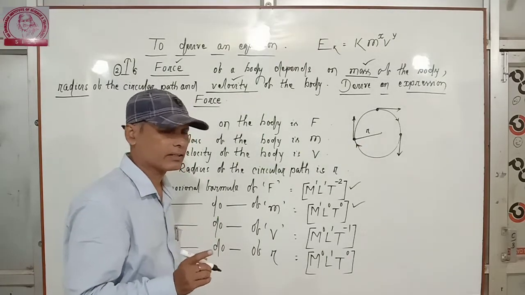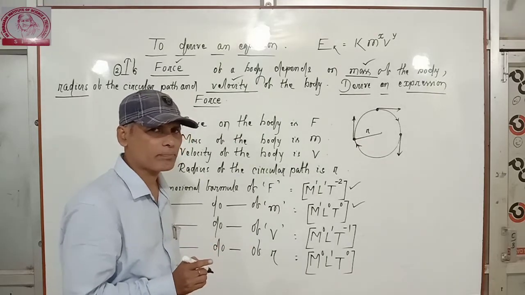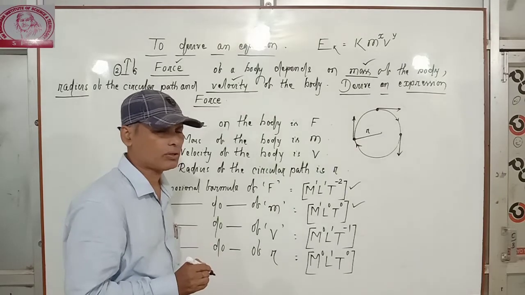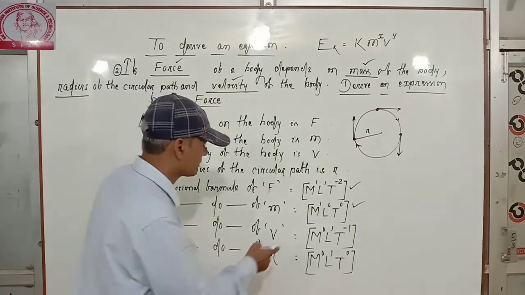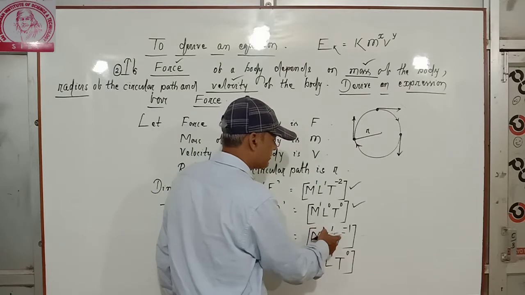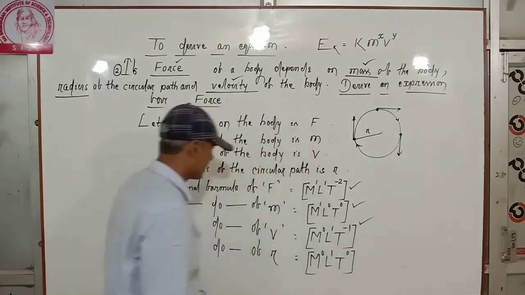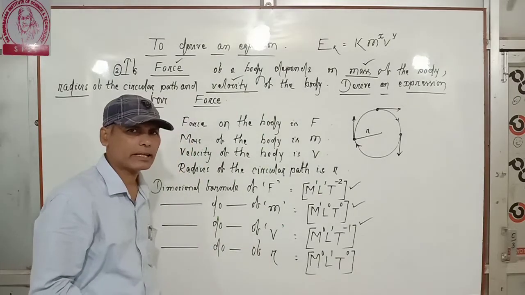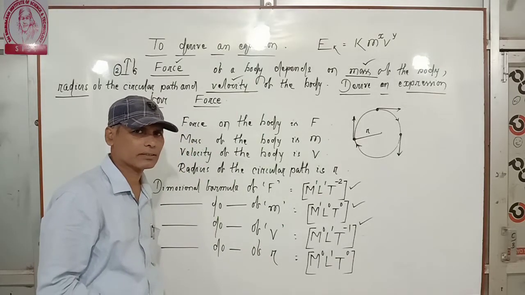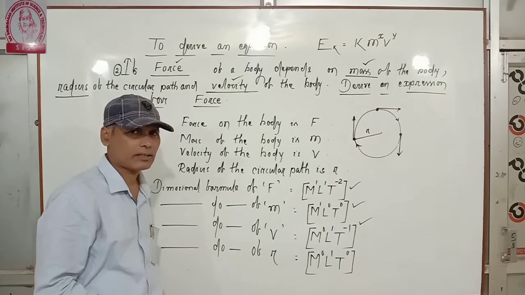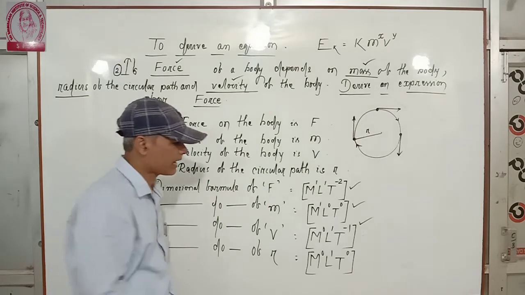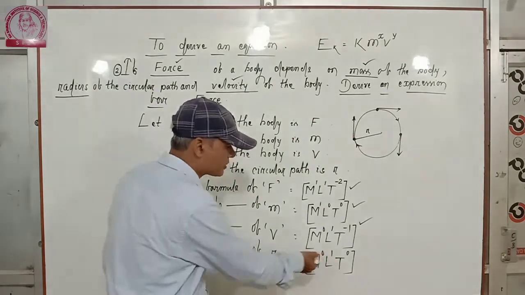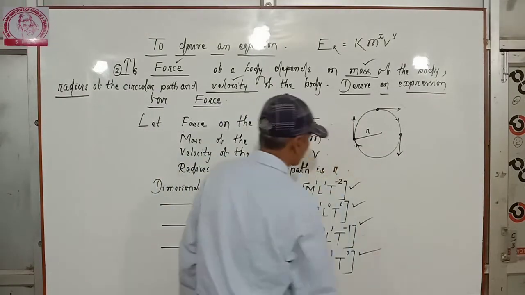M is not there. Then the dimensional formula of V is M0 L1 T minus 1. It is correct. Now, dimensional formula of R. R means radius, means length. No mass is there, no time is there. That means M to the power 0, L to the power 1, T to the power 0. It is also correct.